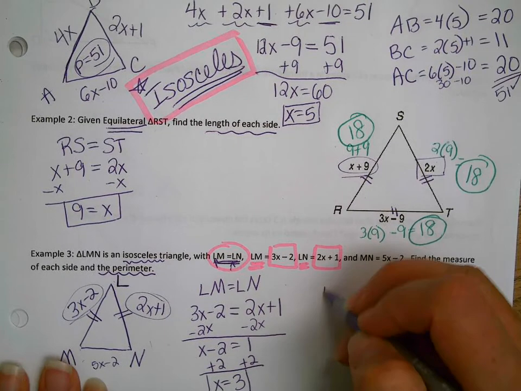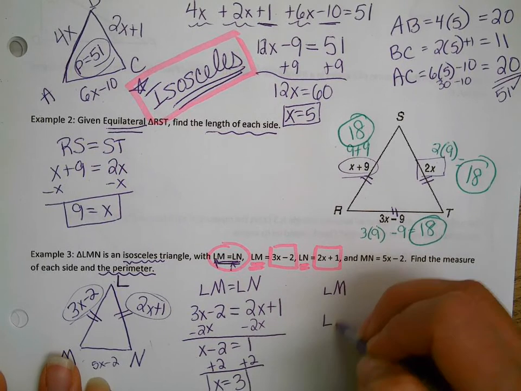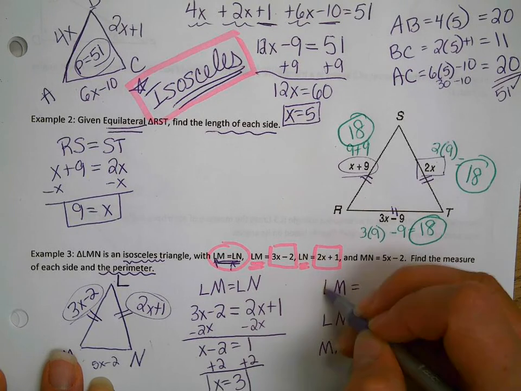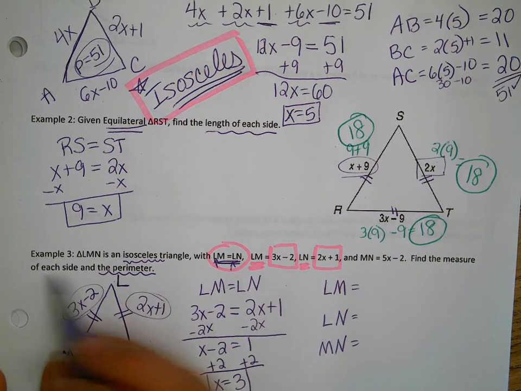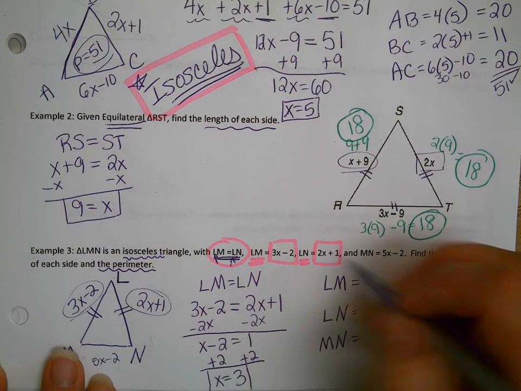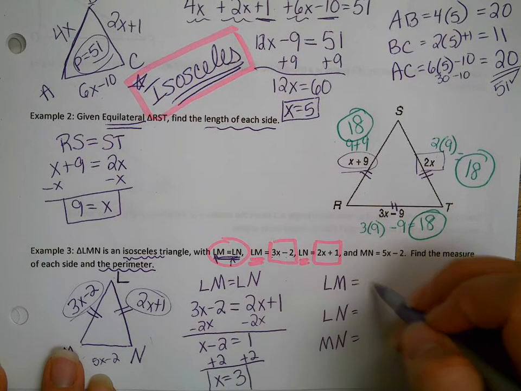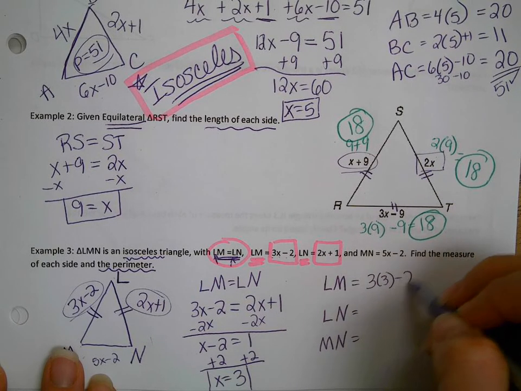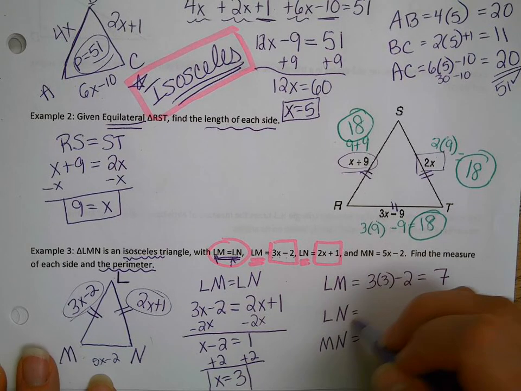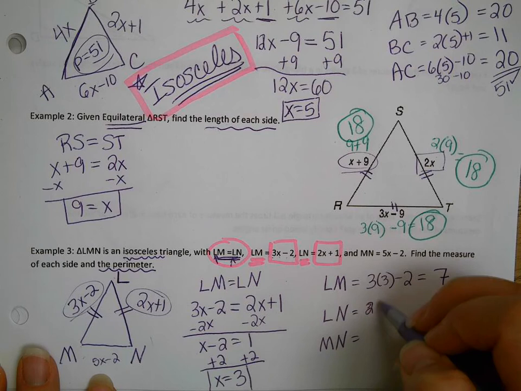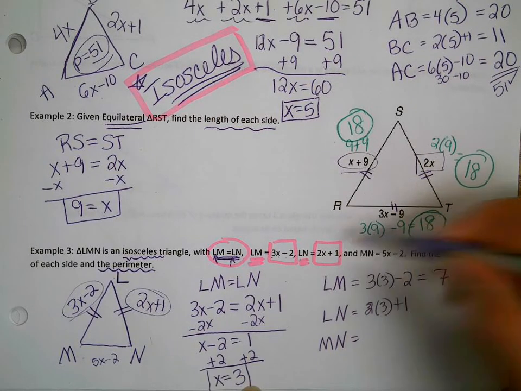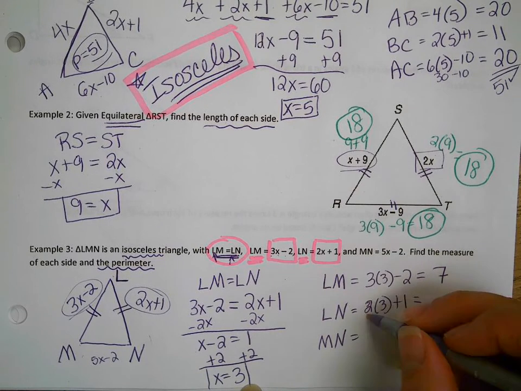Now, knowing x is 3, we need to find LM, LN, and MN. We need to find the length of each side, and then we'll add those together to find the perimeter. So LM is 3x minus 2. So it's going to be 3 times 3 minus 2, which is 9 minus 2, which is 7. LN is 2x plus 1, and since x is 3, I sub that in, which gives me 7.